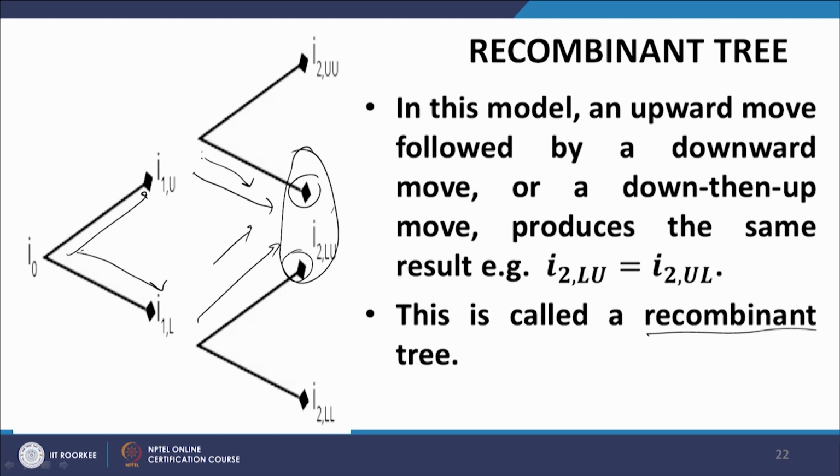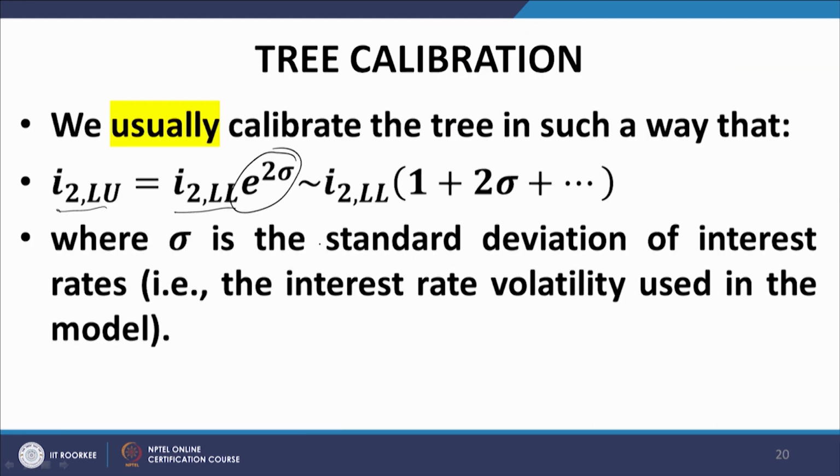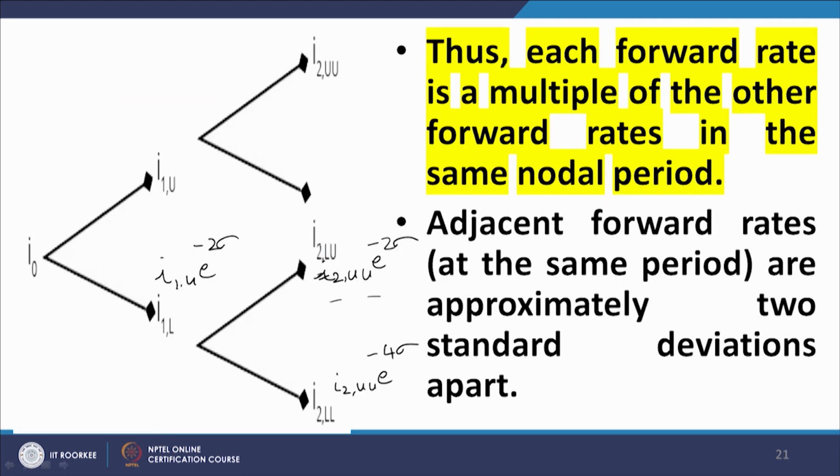Interestingly, if you calibrate the binomial interest rate tree in terms of what we just discussed, that is this particular model, you end up with a recombinant tree, because if you move from here to here, or if you move from here to here, you end up with the same value. So, these two will converge.